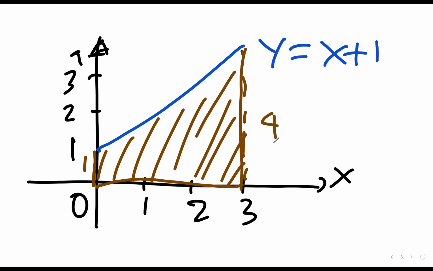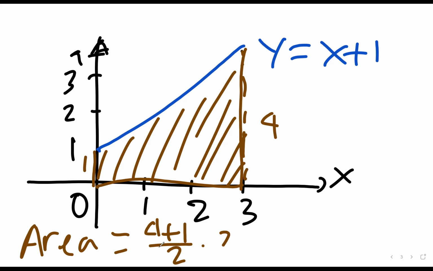So in this case the area will be 4 plus 1 divided by 2 multiplied by 3, which gives 15 over 2. So this is the area.